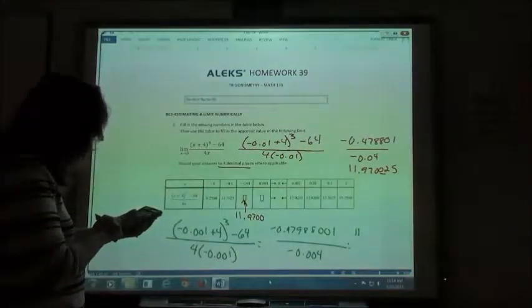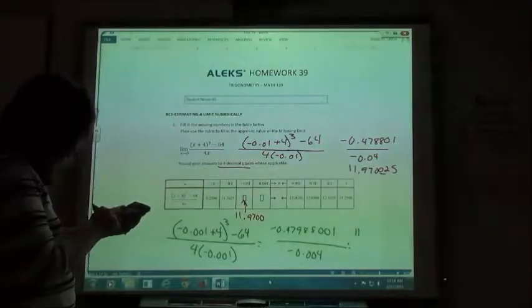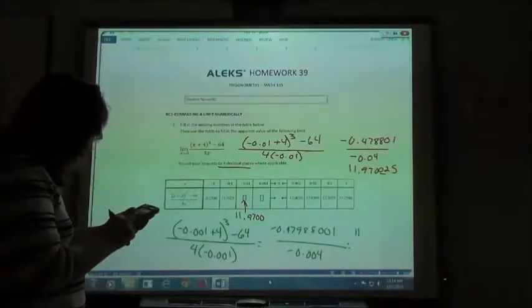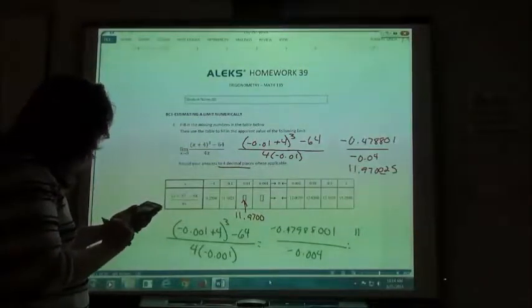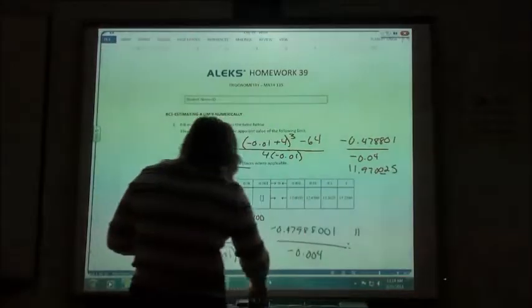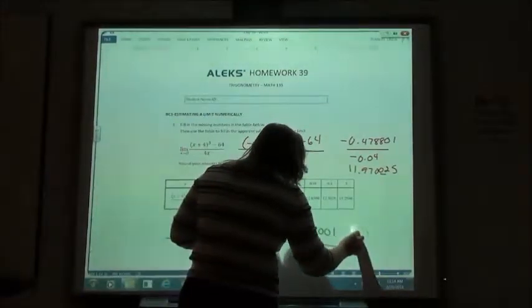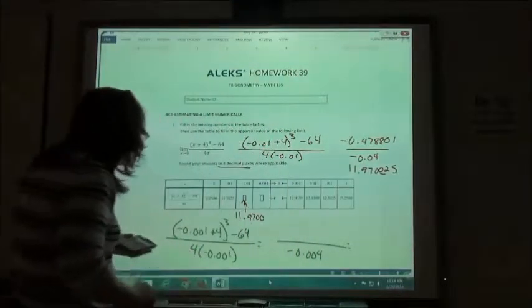Negative 0.47988001 divided by negative 0.004. Something is not correct there. Let me check my top number again. I know my bottom number is right.